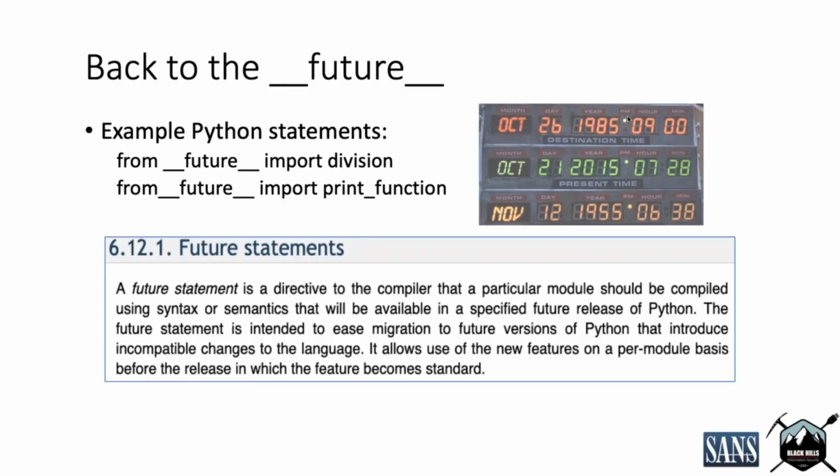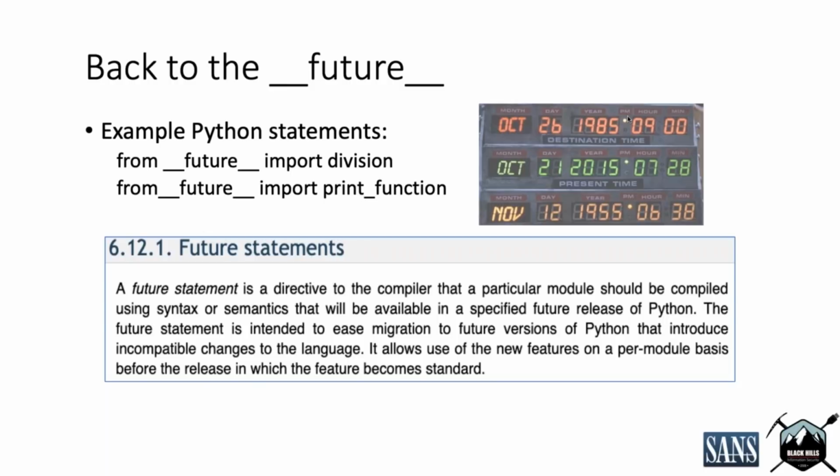That would effectively be ignored in Python3, but it's going to be processed to change the division behavior or the print function behavior in Python 2.7.x, which is useful because that allows us to tell the Python compiler or interpreter that a particular module needs to be using syntax or semantics that are going to be available in a specified future release, right?